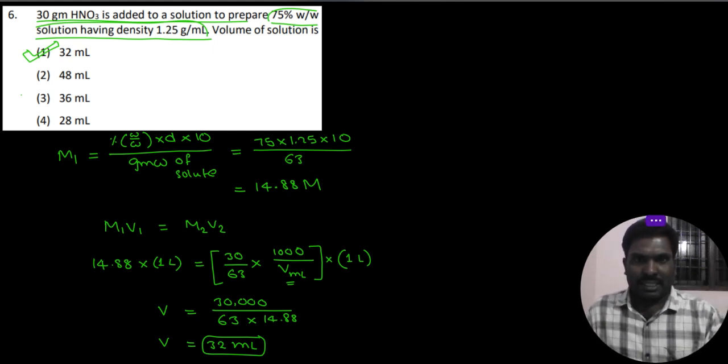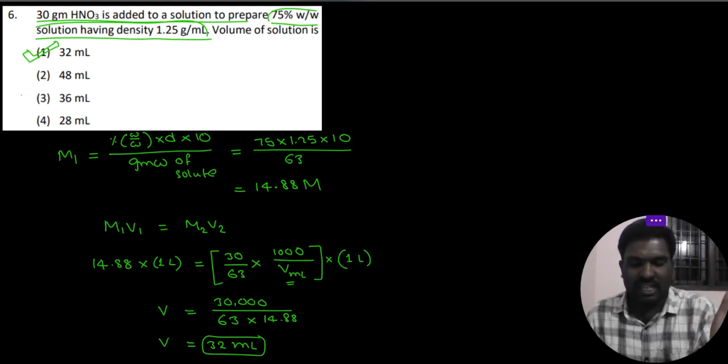From the given percentage by mass and density, we can calculate molarity M1. So 30 gram HNO3 is added to a solution to prepare 75 percentage by mass solution having density 1.25 gram per ml. Then we can use the stock solution dilute solution formula, M1 V1 equal to M2 V2.